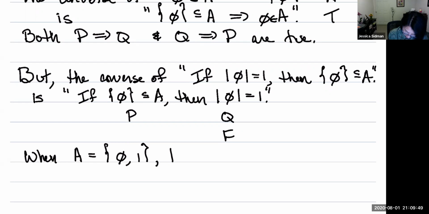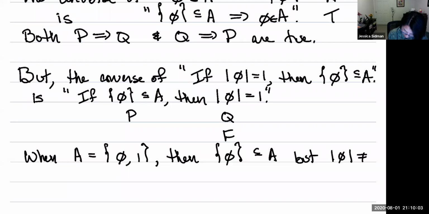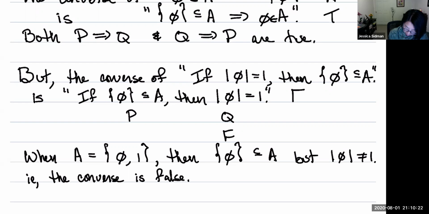So then, when that's true, the empty set is a subset of A, but of course this is not equal, so that's false, i.e. the converse is false. So this statement is false because it's not always true. Okay, I can find an example where it's false.